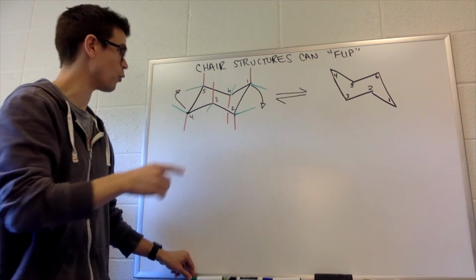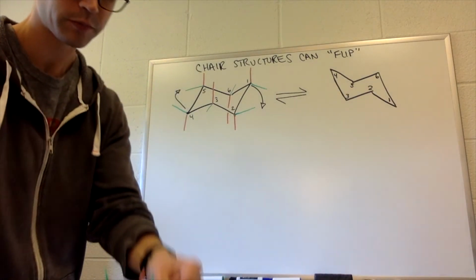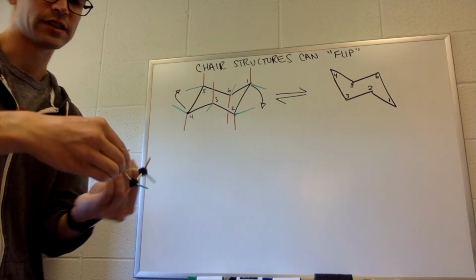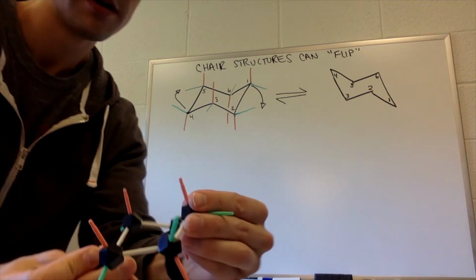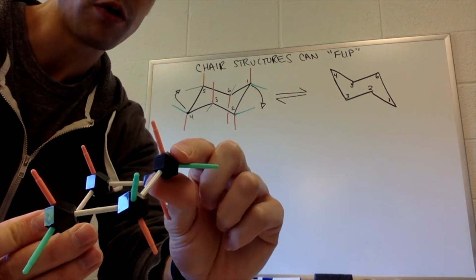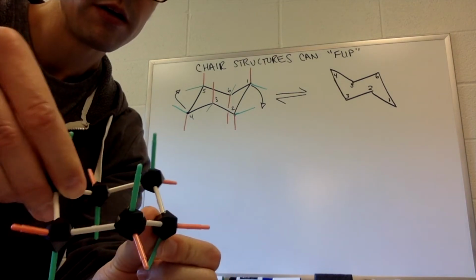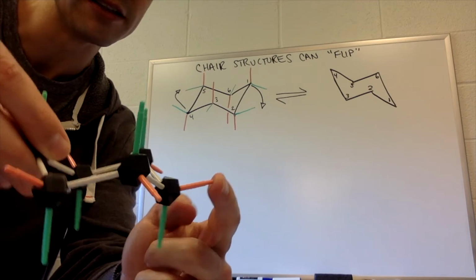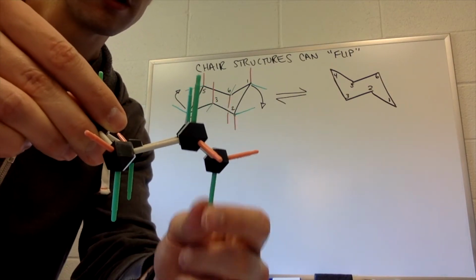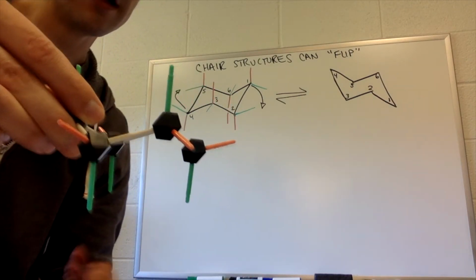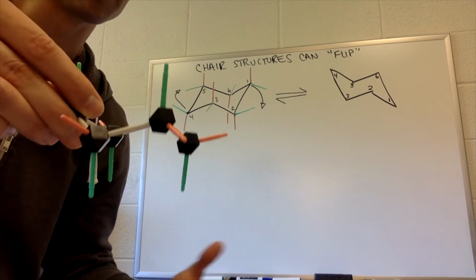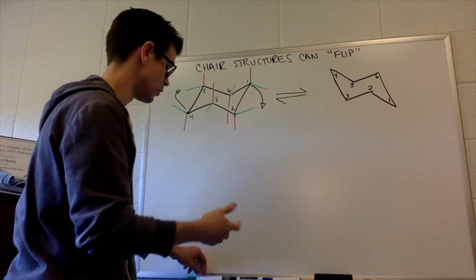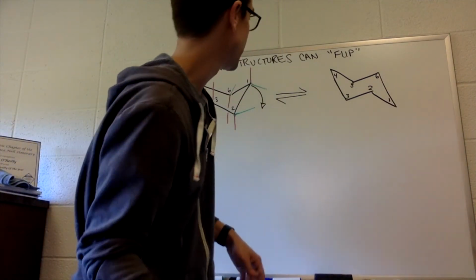And as number 1 flipped down, this is number 1, the red that was axial is now equatorial, and the green that was equatorial is now axial. So essentially the substituents changed.